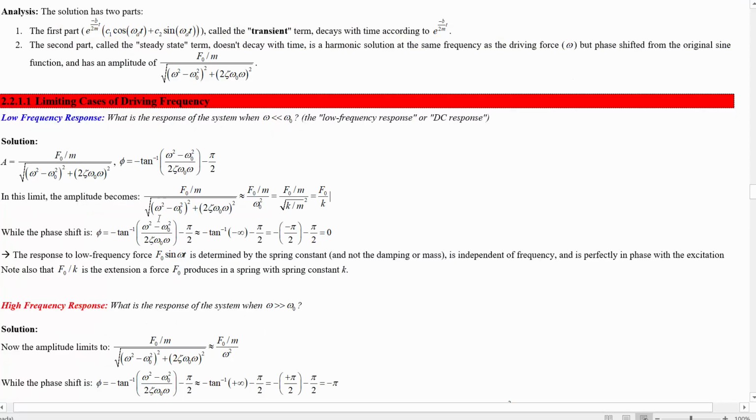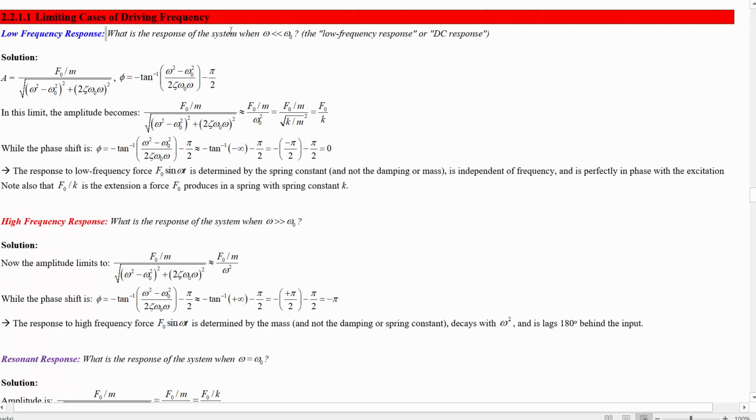In low frequency, we have omega going very small so that omega naught is much bigger. So this term here is basically just an omega naught squared, and that's going to be much larger than this term because this is like an omega naught times an omega squared. So forget about this term and forget about this first one. So we have just this thing like an omega naught squared, and then square rooted in the denominator.